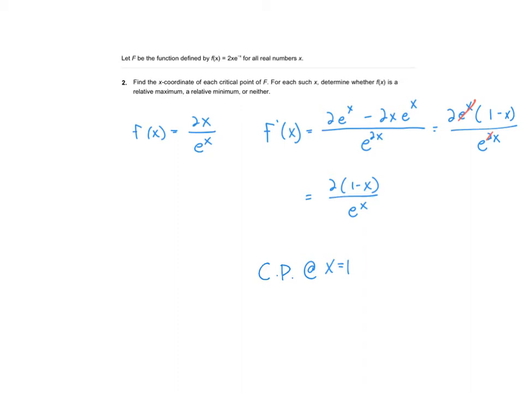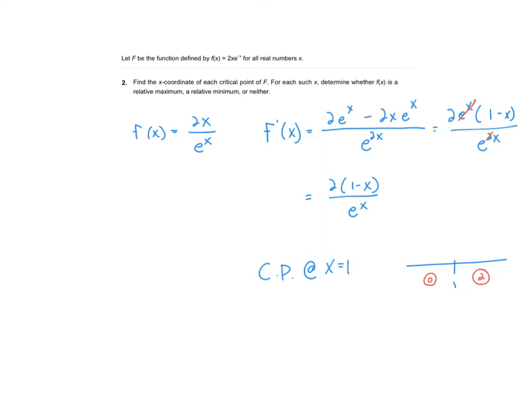Okay, find the x-coordinate of each critical point. Okay, so we did that. Okay, determine if this is a relative maximum or neither. Okay, put that on a number line. And then we go back up to the derivative here and then do test points. So maybe I'll make 0 a test point and then 2 a test point.